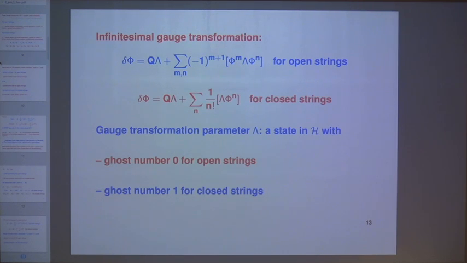So not only do we have an infinite number of fields, but we also have an infinite number of gauge transformation parameters in this theory. And one can show that the action is invariant under these transformations. And the linearized transformation, where we ignore these interaction terms, is simply a statement of BRST invariance. This tells us that adding a pure BRST state is like having a gauge transformation.